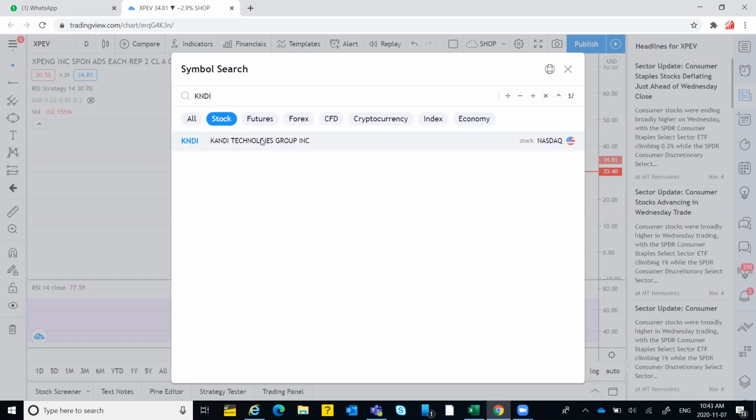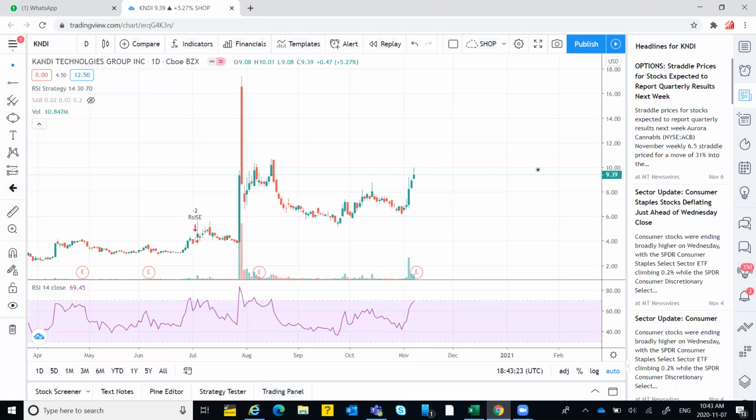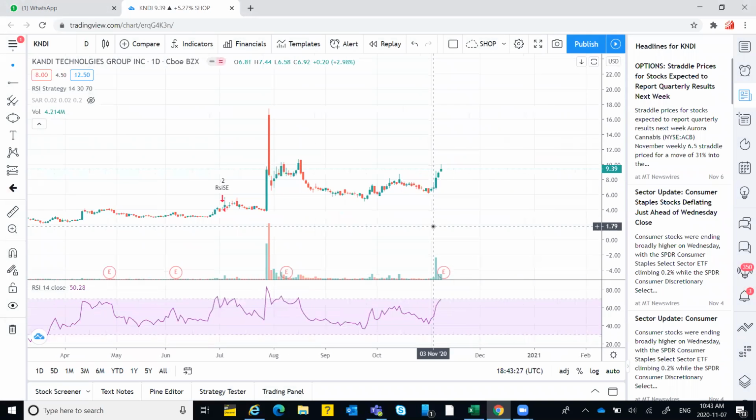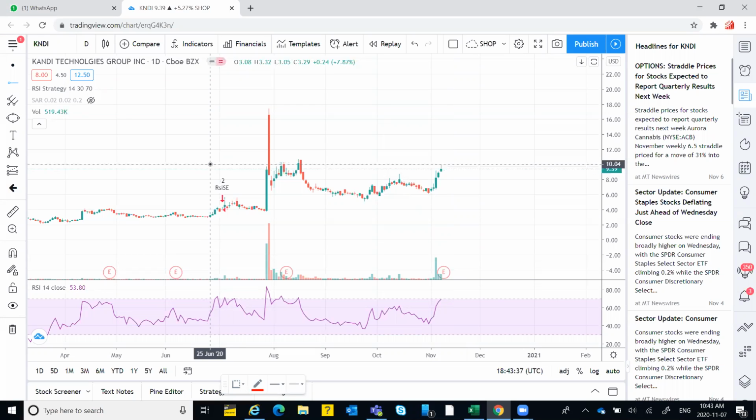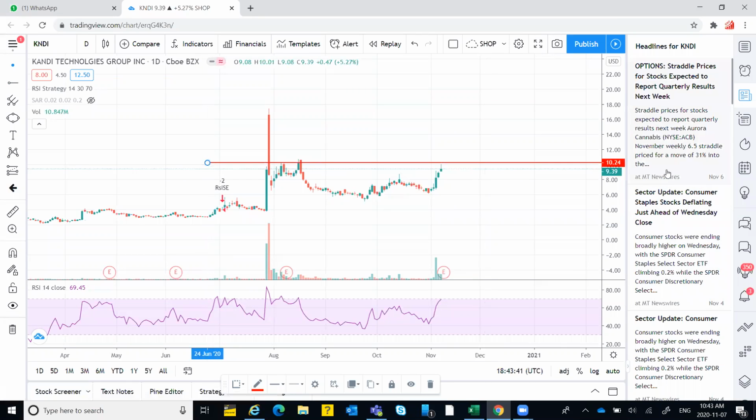I already exited this stock, gaining almost 10% within 2 days, but I wanted to see the entry point. For this stock, I think it is also at the same levels, and currently at its resistance, 10.24.